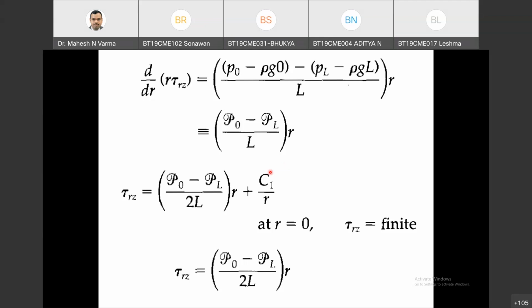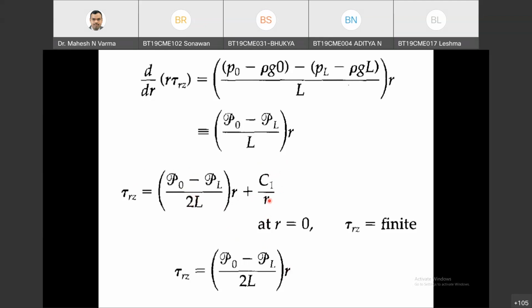Otherwise, say you take C1 as a constant. It can be anything, say 100 or 200. So at R equals 0, I will get C1 equals 100 by R, and at R equals 0 I will get undefined. 100 divided by 0 is not 0. It is undefined.